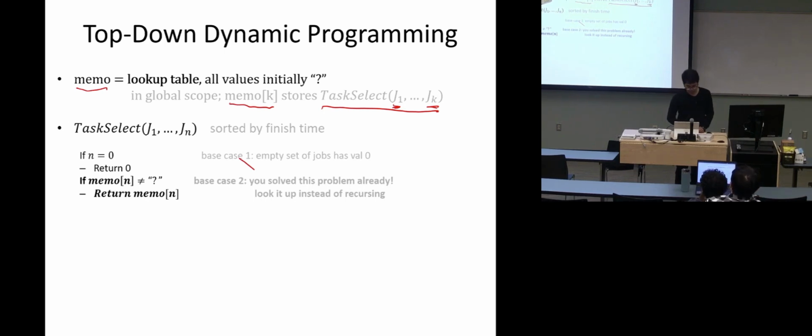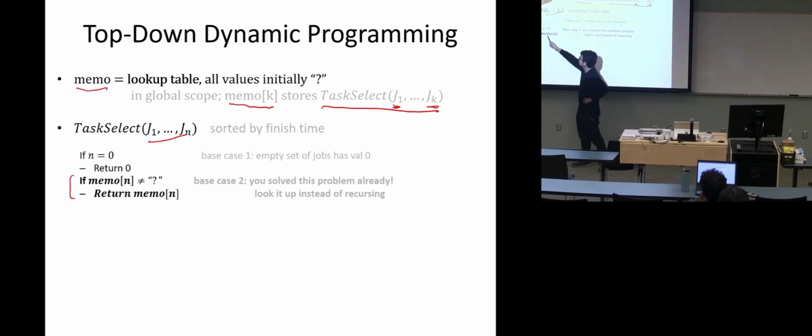Now you can write down the same algorithm, with this kind of recursion. But the point is that if you want to solve the problem from J1 up to Ji, what you do first is check if you have computed this before, and if you have already computed it, just return it.